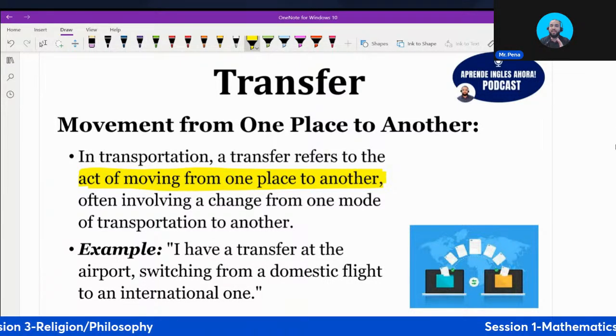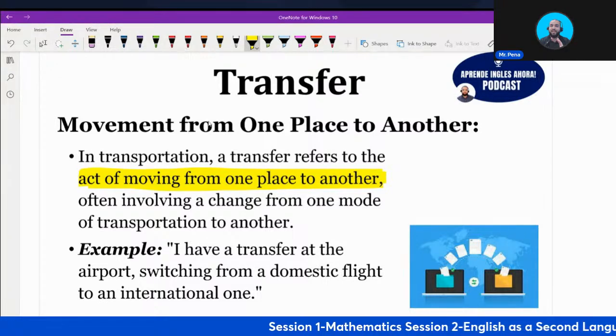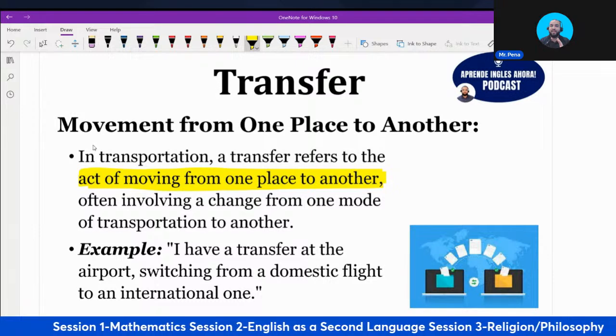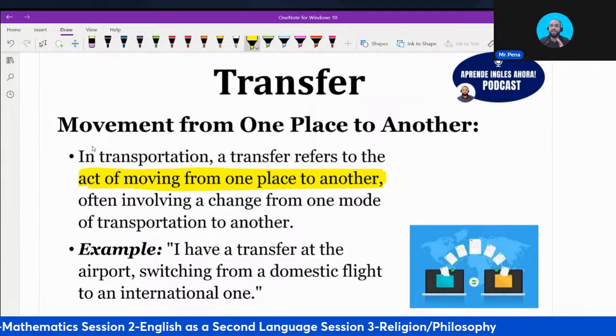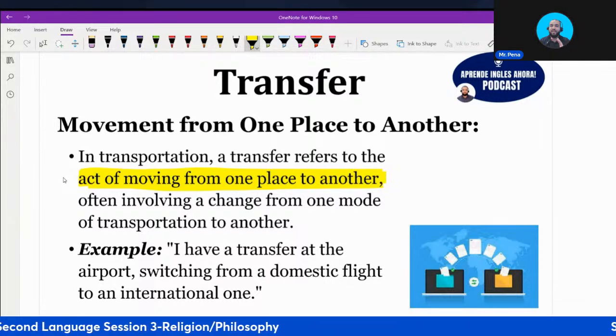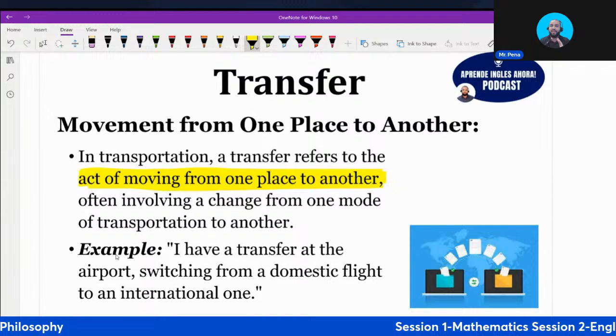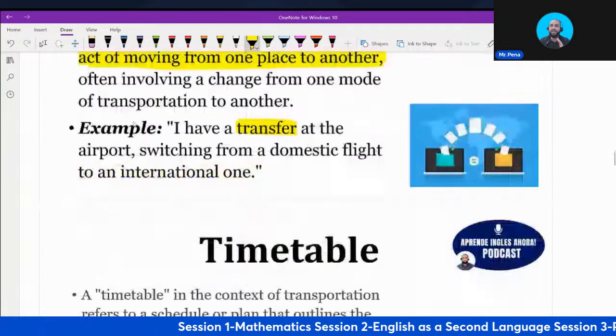If you mail something in the mail, that's transferring. So the act of moving from one place to another, often involving a change from one mode of transportation to another. Example: I have a transfer at the airport, switching from a domestic flight to an international one. So with a transfer, you are going from one airplane trip to another.